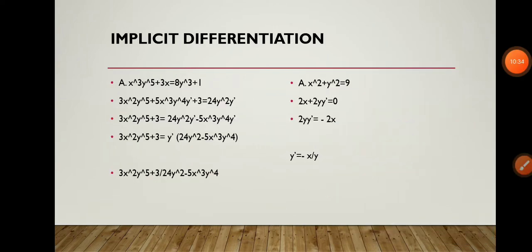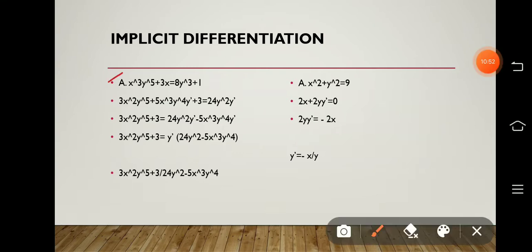Okay, let's go to implicit differentiation. The first given here is x cubed y fifth plus 3x equals 8y cubed plus 1. So here is the given. Then the second thing to do is get the first prime of the given.